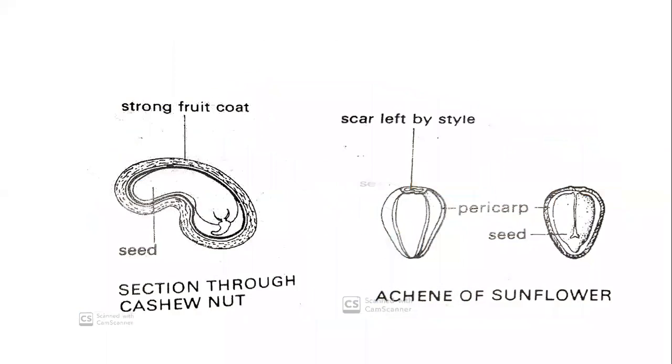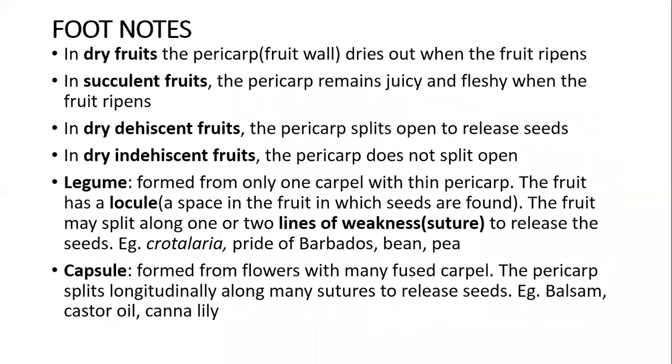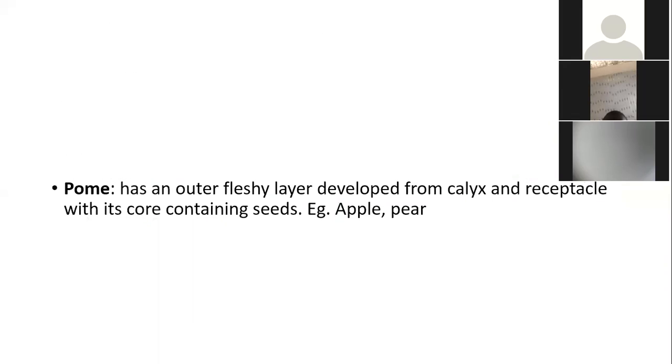So let's look at the palm. Now the palm has an outer fleshy layer developed from the calyx and the receptacle. So what persists from the calyx and receptacle? Now the core of this palm contains seeds.